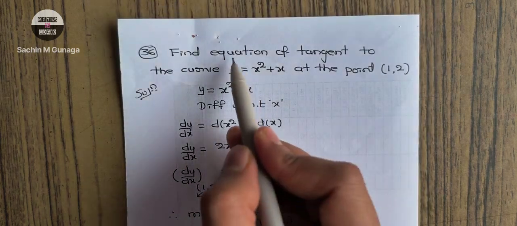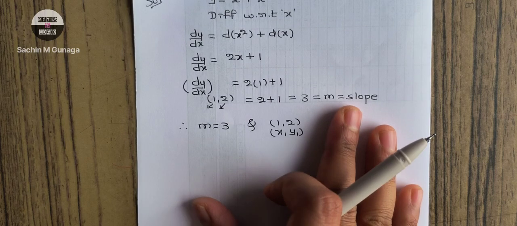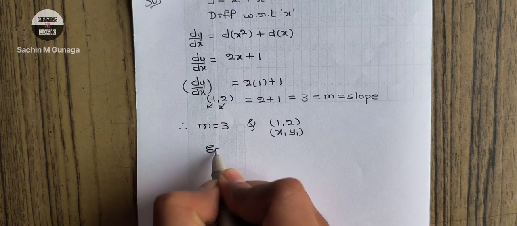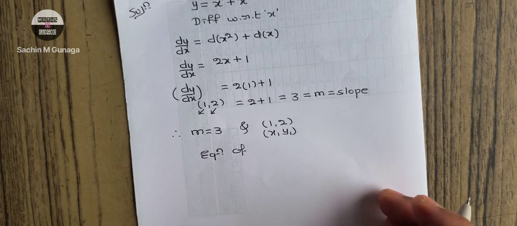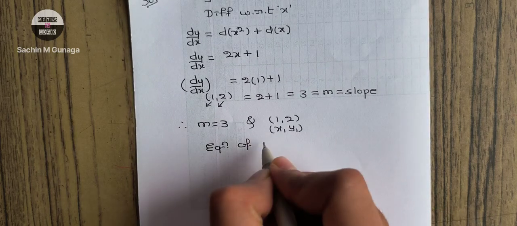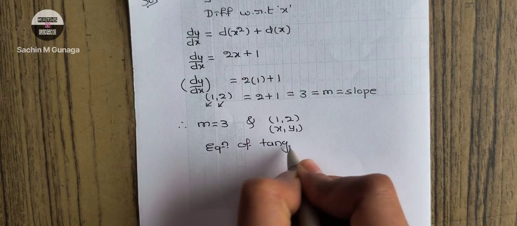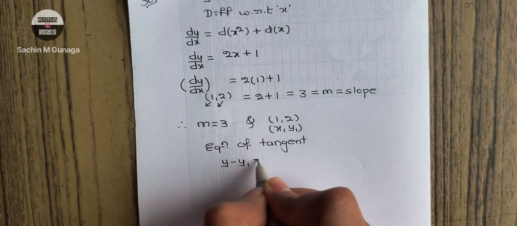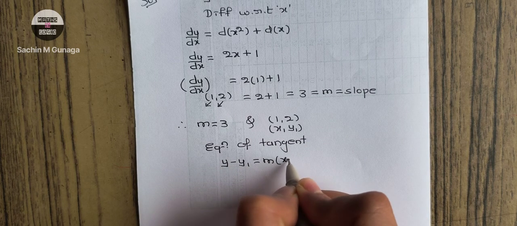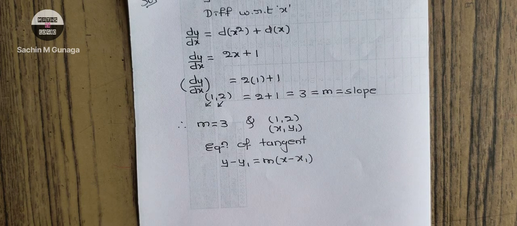Now we need the equation of tangent. Therefore right here, equation of tangent: y minus y1 is equal to m into bracket x minus x1.